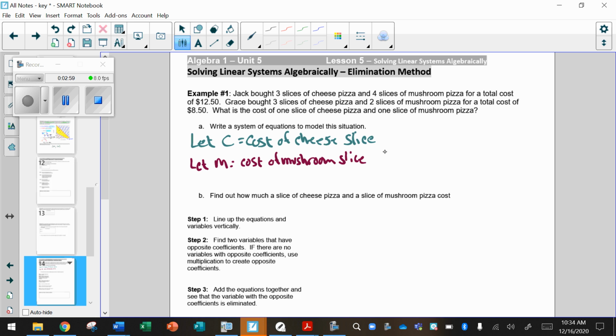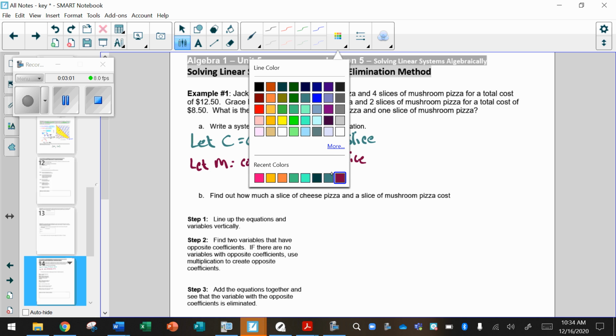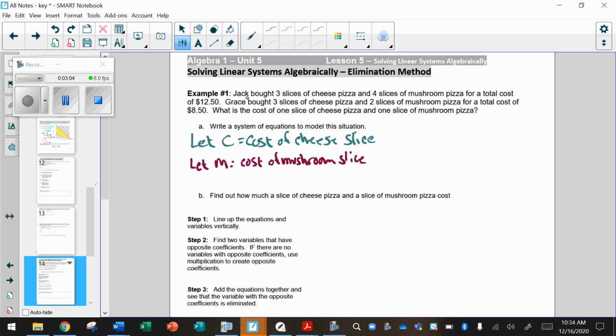So now we need to come up with 2 equations. Okay, one equation will come from Jack. Jack bought 3 slices of cheese, 4 slices of mushrooms for a total cost of $12.50. 3 slices of cheese plus 4 slices of mushroom equals a total of $12.50.